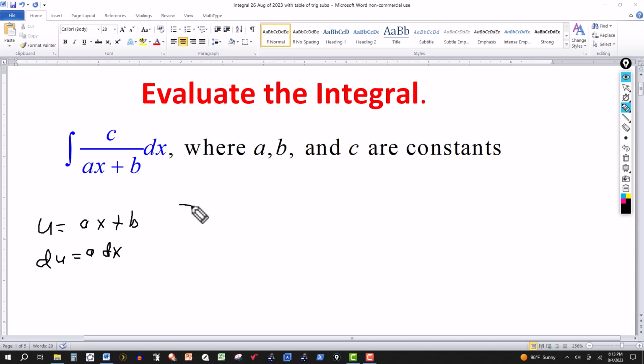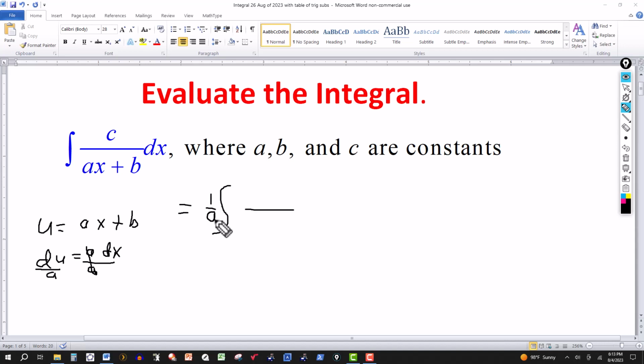And then we want to transform this integral into one involving u. So I'm just going to write this as the integral of, and here I'm going to replace the dx. I'm going to divide by a and a, so this cancels out. The dx right here can be replaced by du over a. I'm going to put the 1 over a out in front.